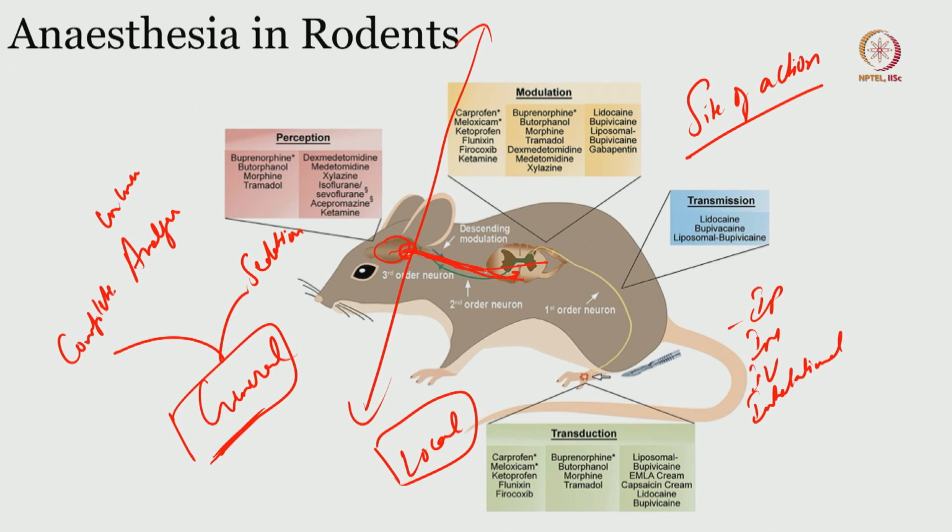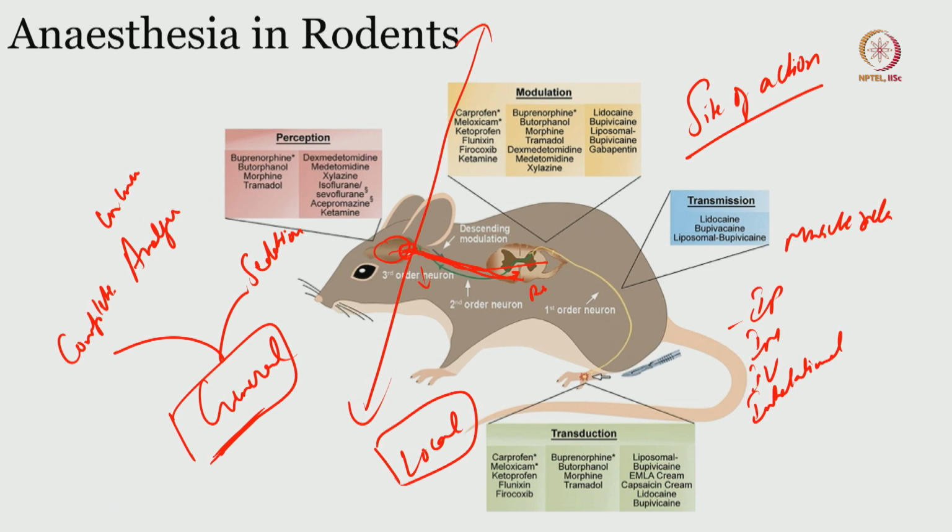That becomes numb, and that is how the muscle relaxation is also brought. And there are muscle relaxants that are used along with these general anesthetic drugs, which will aid the muscle relaxation, alright.